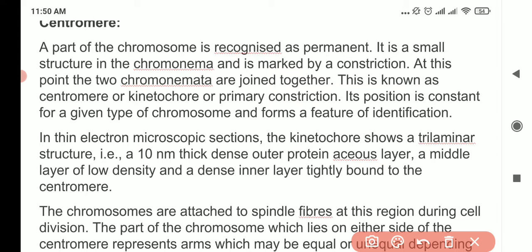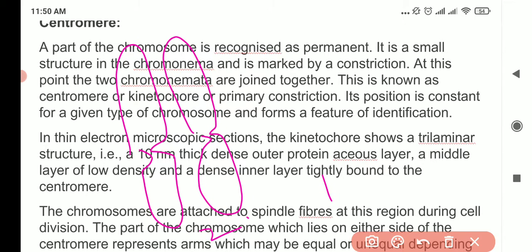It is known as your primary constriction, centromere or kinetochore. These are the three names. It has a constant position, and we use it to identify which chromosome this is. Let's say if this is chromosome 21, we know just by looking at the position. Let's say this one is chromosome 11.